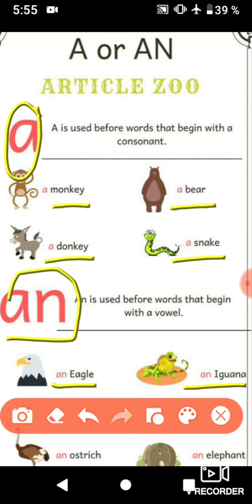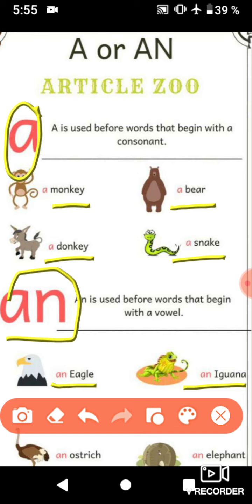We are going to say iguana as in Spanish. It is very easy to identify the vowel sound if we say an iguana, because it is a vowel sound.